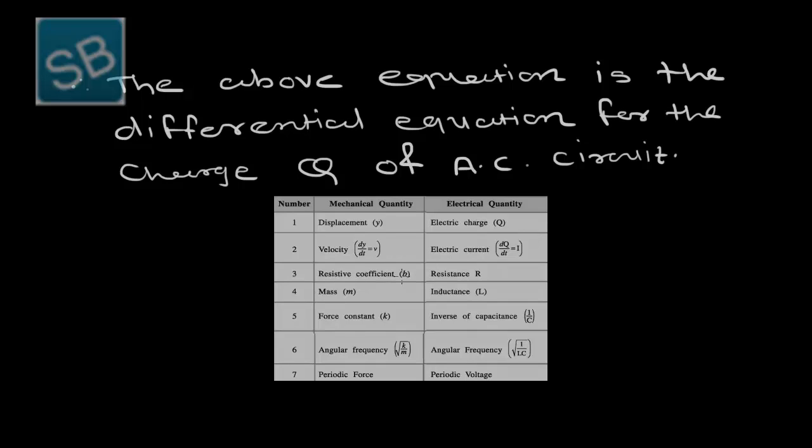The resistive coefficient, and here the resistance. Mass M is related to the inductance L. The force constant K, and here the inverse of capacitance. Angular frequency is under root K by M, and here angular frequency is under root 1 upon LC. Also the periodic force, and here the periodic voltage.